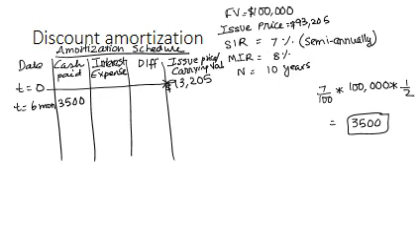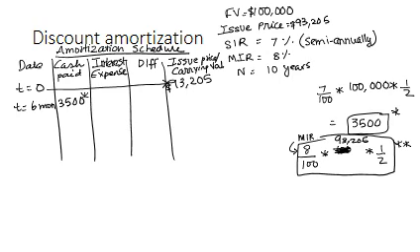Now the true interest expense that the company has, I calculated this here. What is the true interest expense? The true interest expense is the market interest rate times 93,205, which is the issue price of the bond, times half. Half because the interest is paid semi-annually.